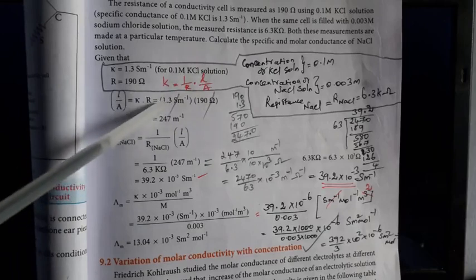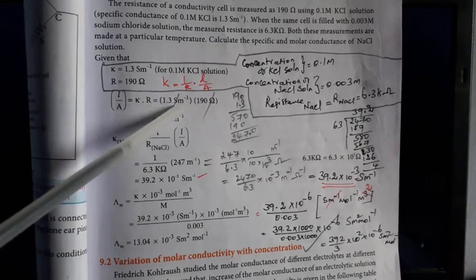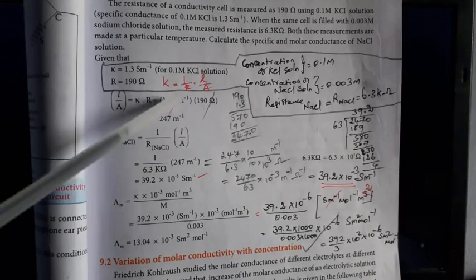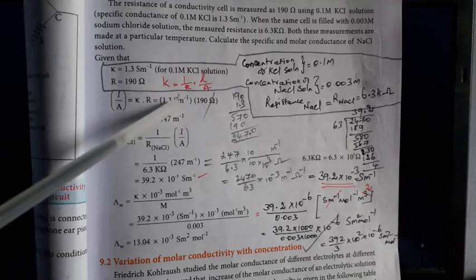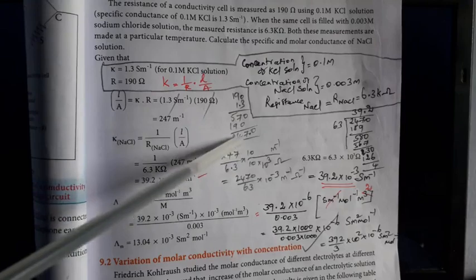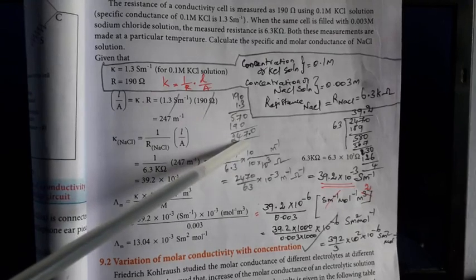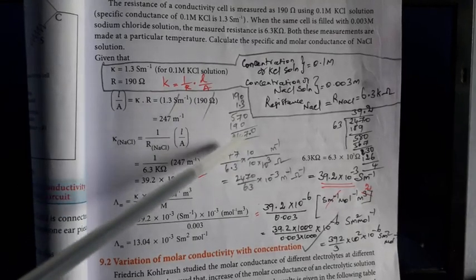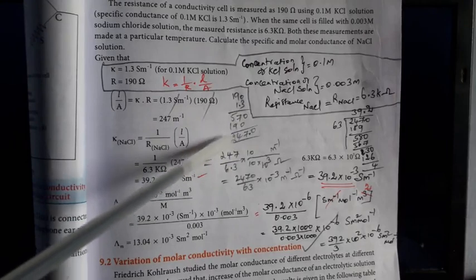Now the ohm is cancelled with the reciprocal ohm, which is S. So 1.3 into 190, the value is 247 per meter. This is the value.